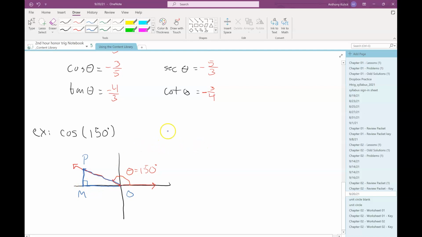By the way, this triangle PMO we call a reference triangle. And this angle here, alpha, we call the reference angle. In this particular situation, what is the measure of angle alpha? 30 degrees. Why does it have to be 30 degrees?